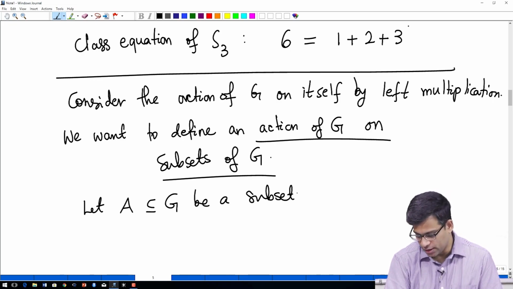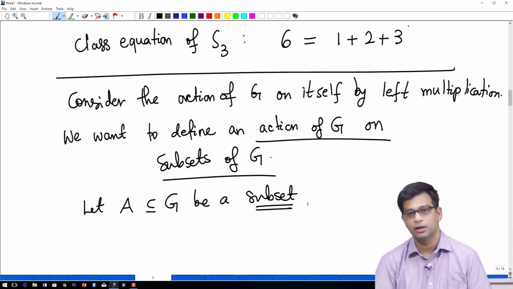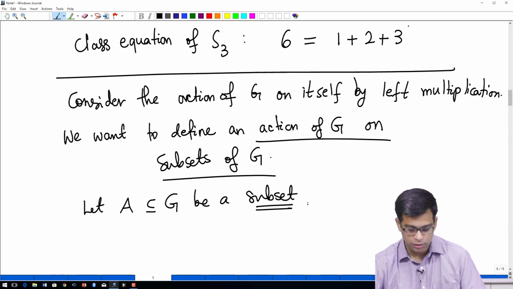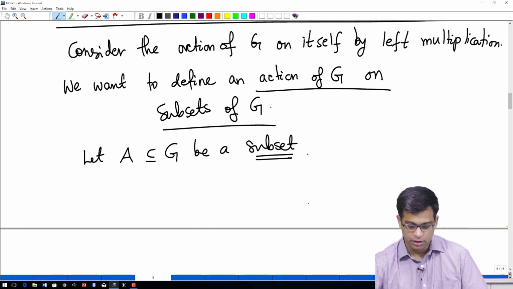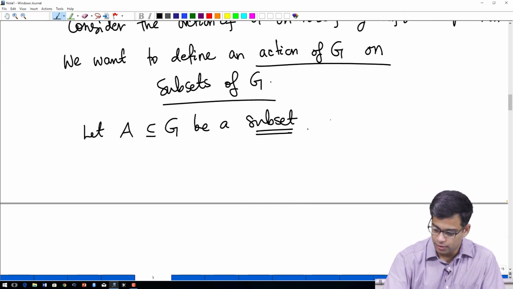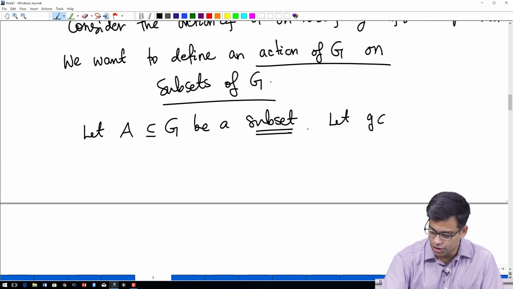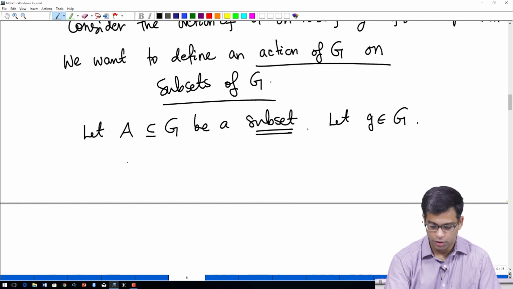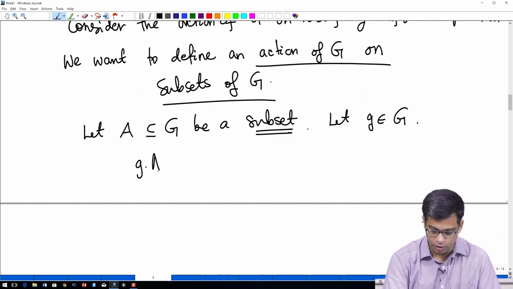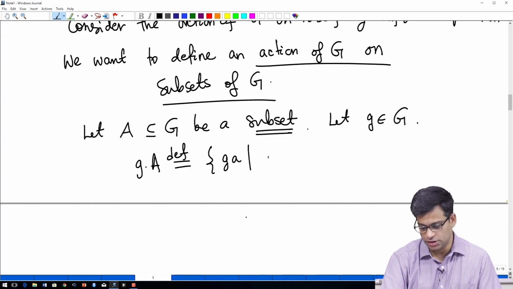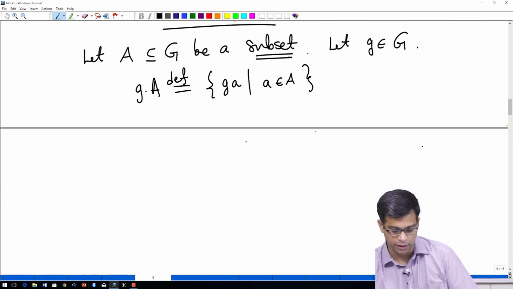I want to stress here, it is only a subset in general, not necessarily a subgroup. It is just some collection of elements of G, and let small g be an element of the group. Define g dot A. The definition of g dot A is very natural. It is g a as small a varies in capital A.